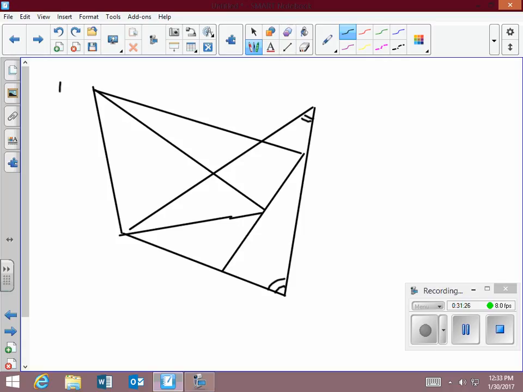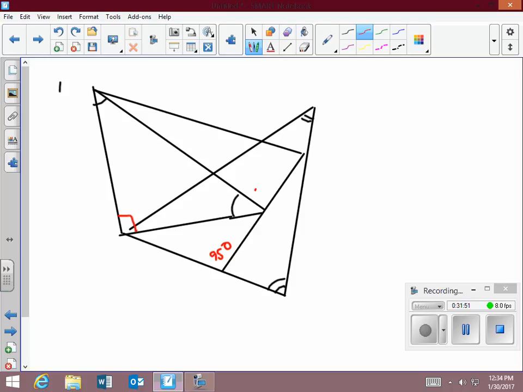And it's saying this one equals this one. And then this one is supposed to be a right angle. This is supposed to be 95 degrees.